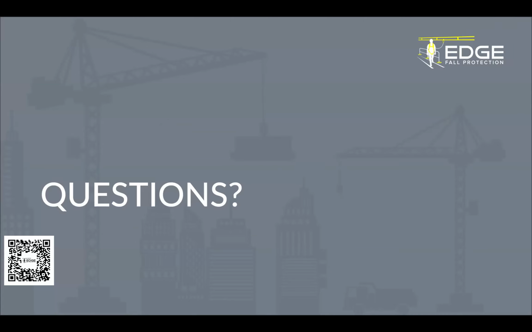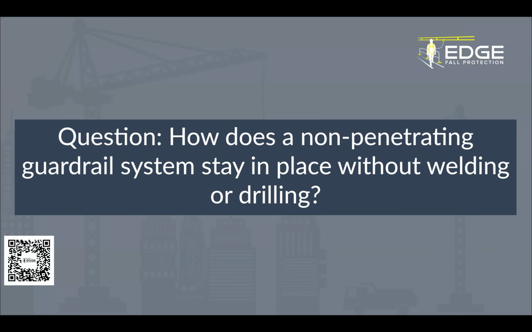Awesome. Here is a good one here. How does a non-penetrating guardrail system stay in place without welding or drilling? Oh, great question. So our guardrail systems, I think it's in my background. Our bases are 104 pounds of cast iron with either powder coat or galvanized finish. The way that we design our system is our stanchions can't be more than 10 feet apart. And every time we begin and end a run, we have what's called outriggers, which is a kicker.